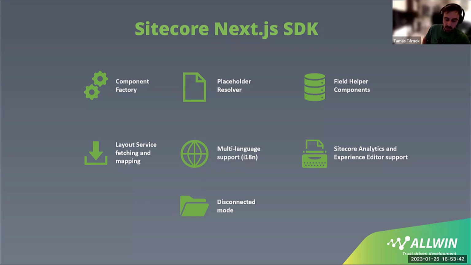And then the front-end developer can work fully disconnected from Sitecore. If they have to make any changes to the content or add a new component to a page, they can just do it in a YAML file, which is the source for the mock, and that's it. Then they can just commit the changes and go for the next feature.